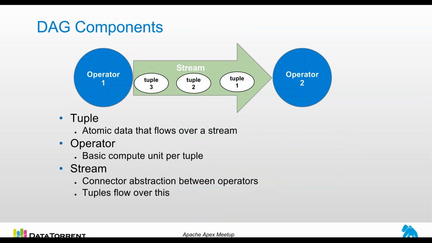This is the smallest piece of data that is getting processed, or has got processed, and is flowing over a stream from one operator to the other operator. An operator is a basic compute unit that processes tuple by tuple. Now that doesn't mean that an operator cannot take multiple tuples together and process them, but as such, an operator is used to process the data tuple by tuple.